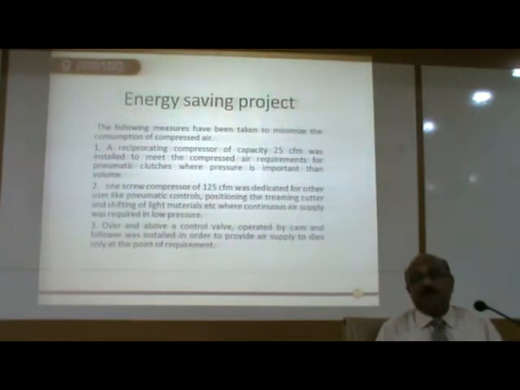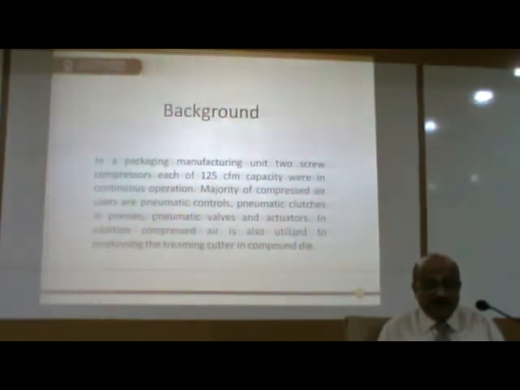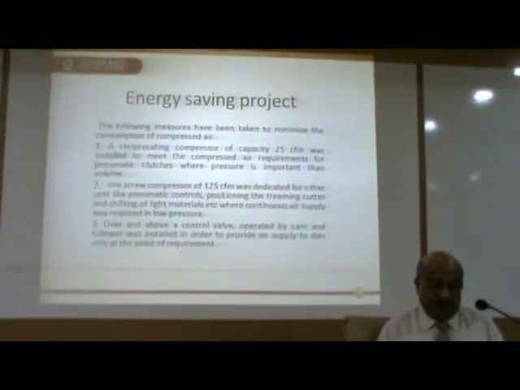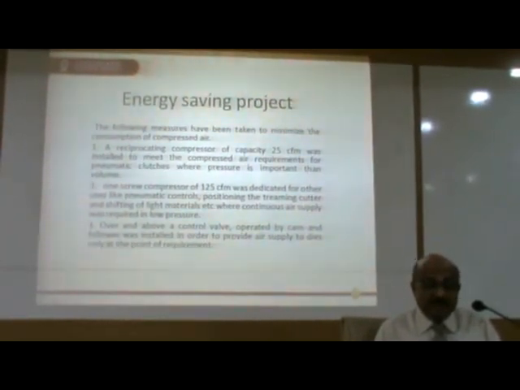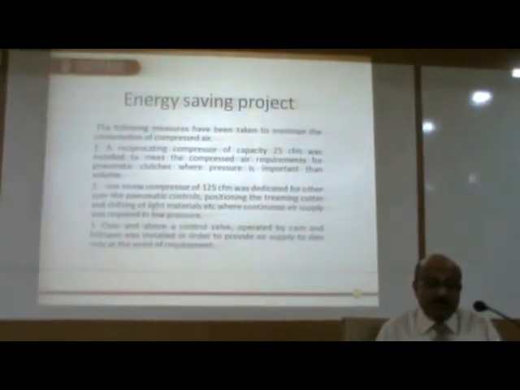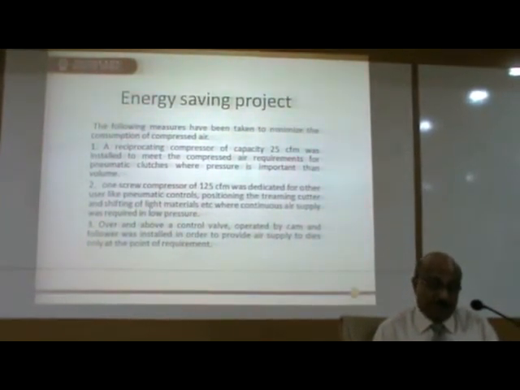So there were two compressors, as I mentioned, of 125 cfm, but some measures were taken. What were the measures? First, a reciprocating compressor of 25 cfm capacity was installed to meet the compressed air requirements for pneumatic clutches, where pressure is more important than volume.